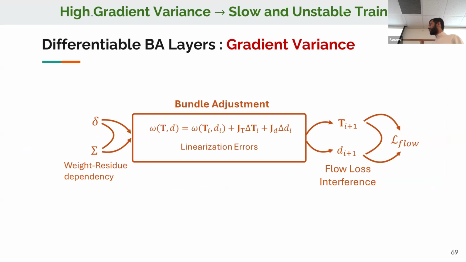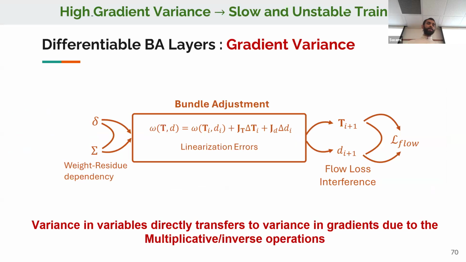Specifically, we identified three causes for the gradient variance in bundle adjustment layers. Fundamentally, all three causes arise from the fact that, as opposed to standard deep layers, bundle adjustment layers, and optimization layers more broadly, have certain multiplicative and inverse operations, which result in any variance in the variables also transferring to a variance in the gradients themselves because of the multiplicative interactions.